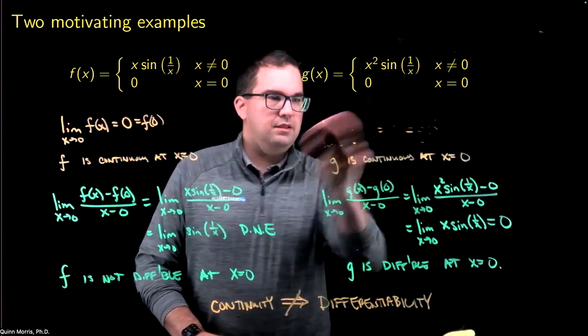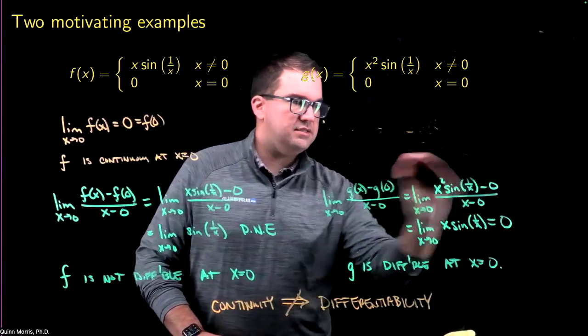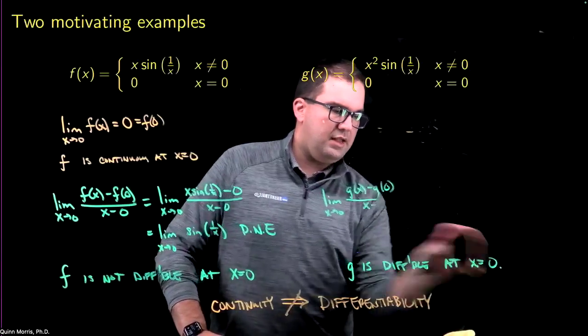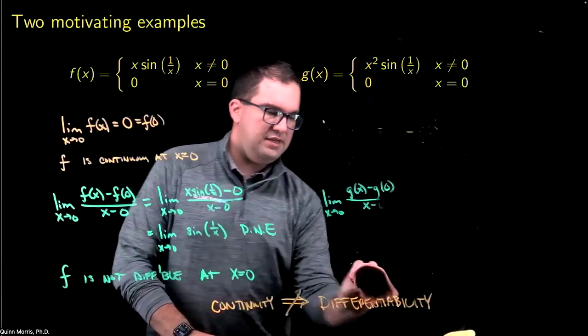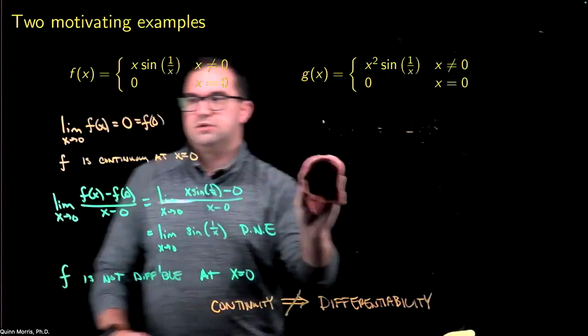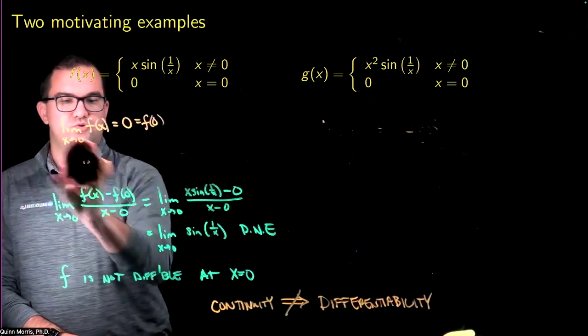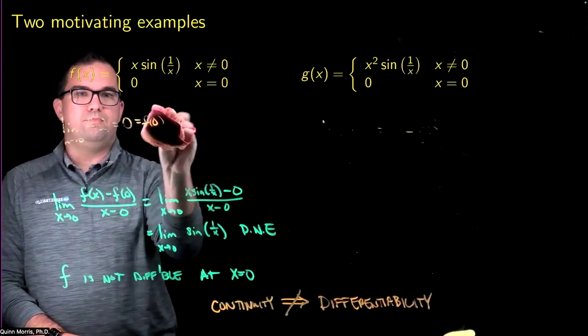All right, well, let's look at these a little bit more deeply now. Now, 0 is sort of the hard point to deal with because we can't really apply any of our usual derivative rules at 0.